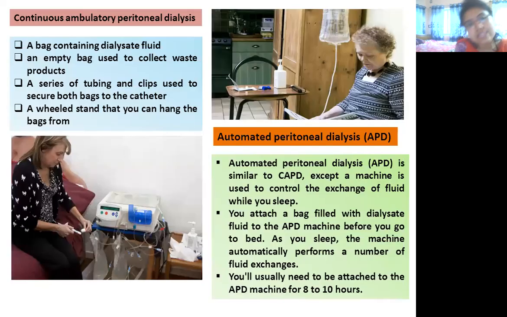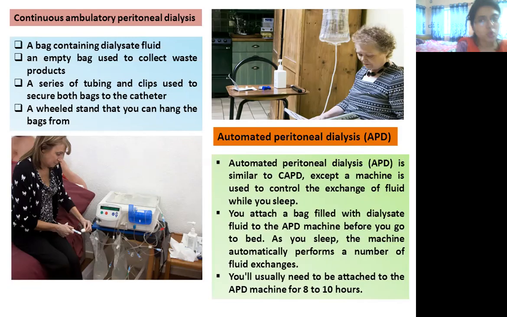So here we can see a pictorial view of continuous ambulatory peritoneal dialysis and the automated peritoneal dialysis system. So here the bag is there. One bag containing dialysis fluid, an empty bag used to collect the waste product. Various tubing and clips are there, and one stand to hang the bags.